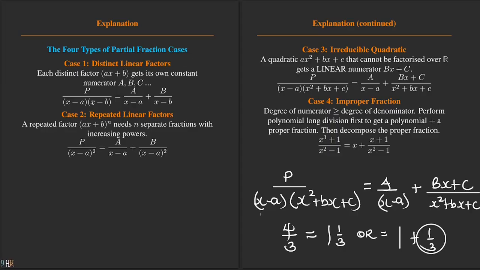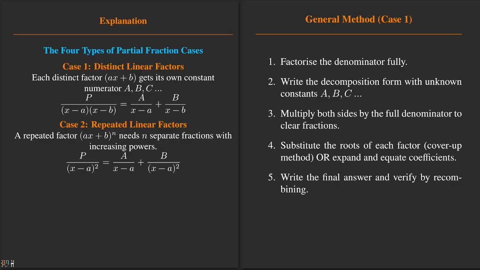With that said, we want to focus on case 1. That is, for this lesson, we are focusing on distinct linear factors. In our next lesson, we'll focus on the repeated linear factors. The next one, we move to case 3, and then we would sum it all up with case 4. Without much ado, let's look at case 1.